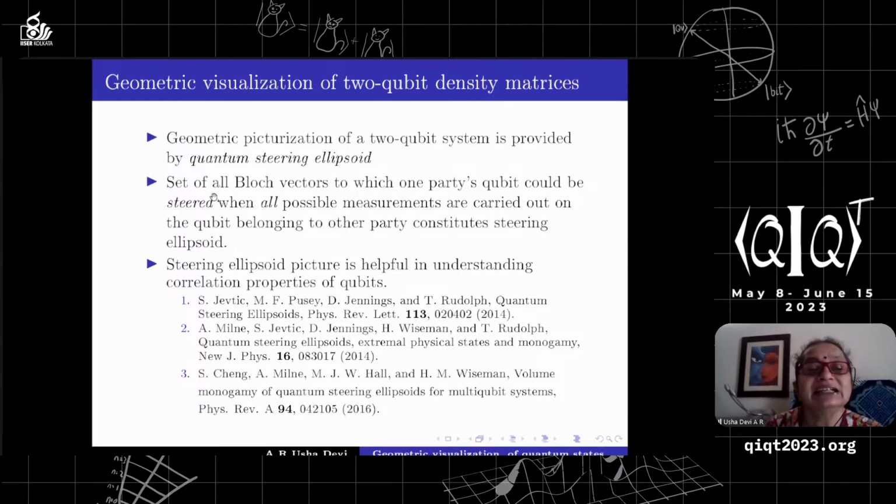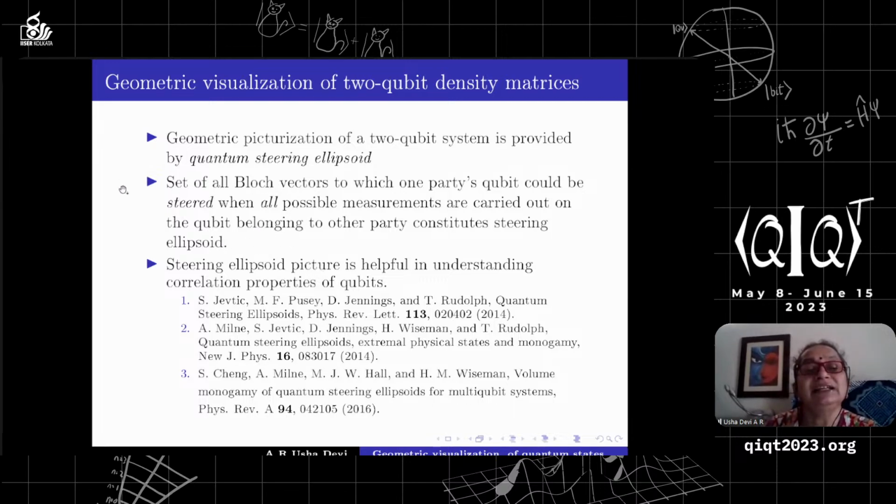If you take a two qubit state and you do measurements on one of the qubits, the set of all Bloch vectors to which one of the qubits could be steered, when the other party does all possible measurements, can be analyzed, and you will see that the set of all such points forms an ellipsoid and that lies within the Bloch sphere.